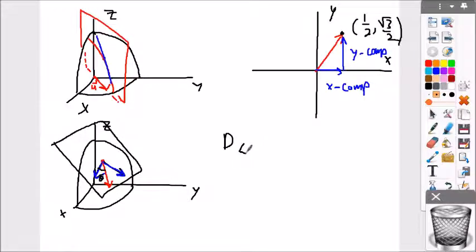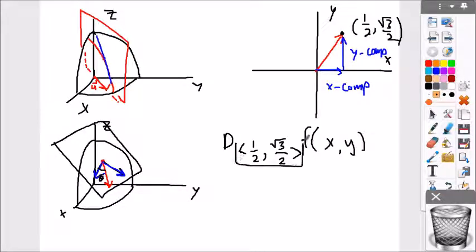The u is in the direction of 1/2 and square root of 3 over 2, and this is just a point, so x, y, right? So this is how you would write the function, and let's say this is a function f. So d with the unit vector at the bottom, and then of the function, right?